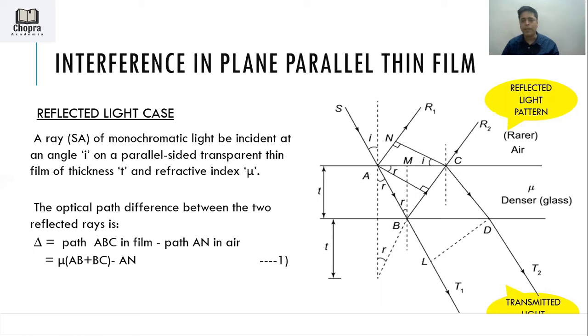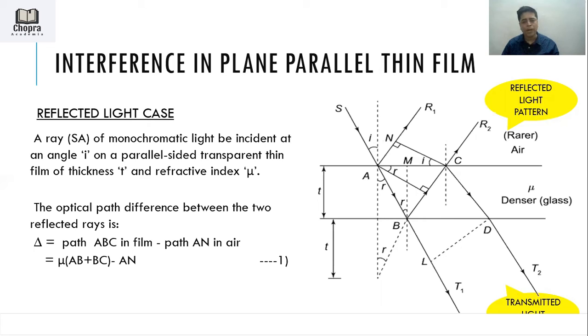So if you see the mode of transmission of the beam SAR1, it is traveling from a rarer medium and bounces back at the denser medium boundary. So this beam suffers an additional path difference of lambda by 2. That is what Stokes treatment tells us.